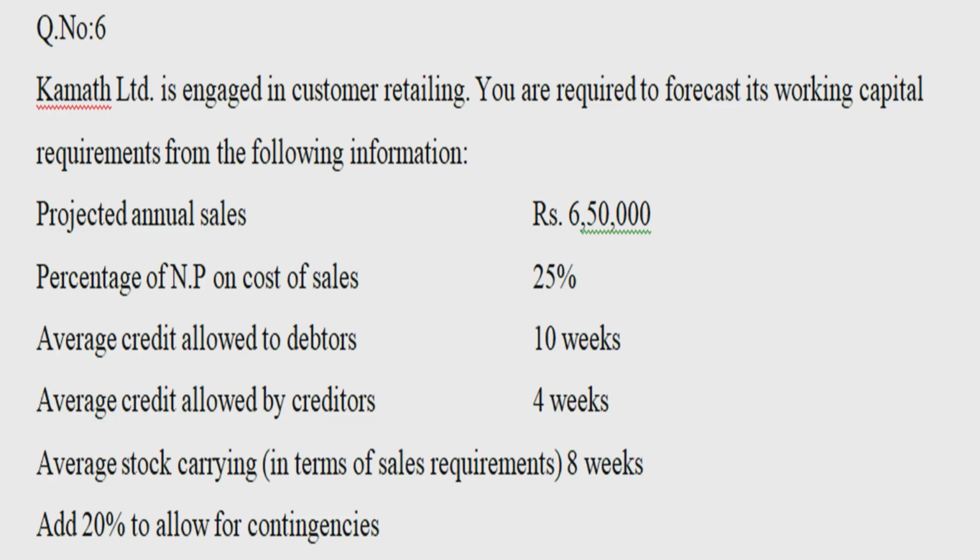You are required to forecast its working capital requirement from the following information. The information given by the company is: projected annual sales 6,50,000, percentage of net profit on cost of sales is 25%, average credit allowed to debtors is 10 weeks, average credit allowed by creditors is 4 weeks, average stock carried in terms of the sales requirement is 8 weeks, add 20% to allow for contingencies.